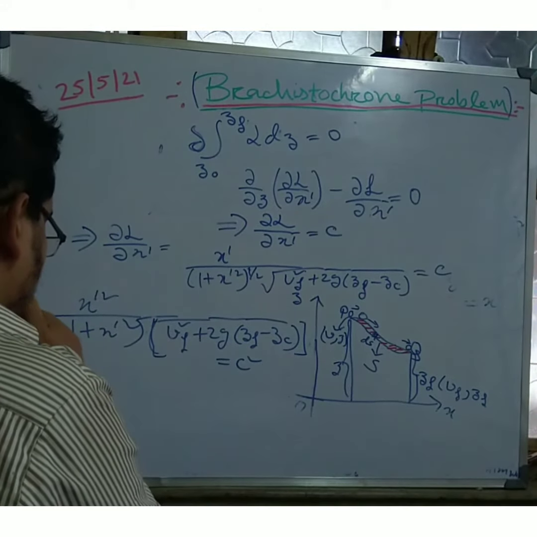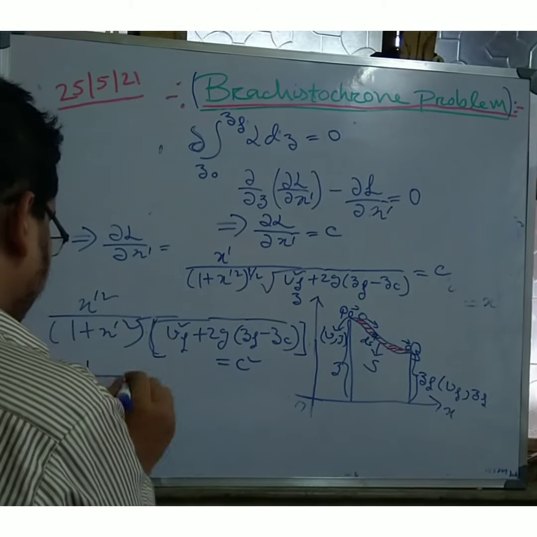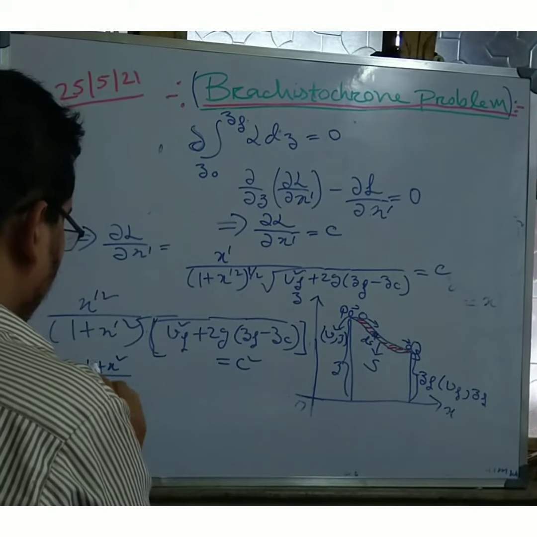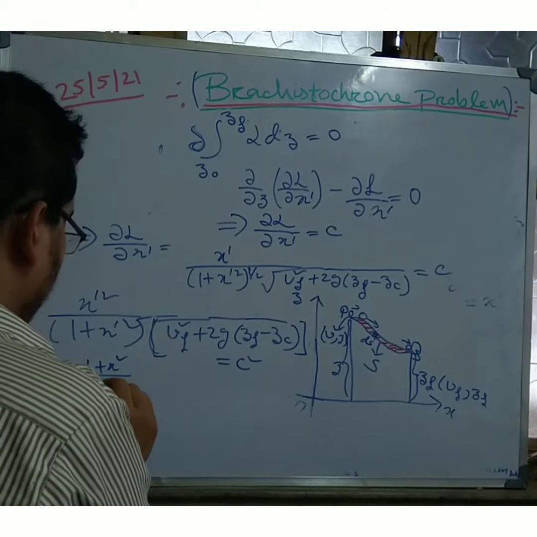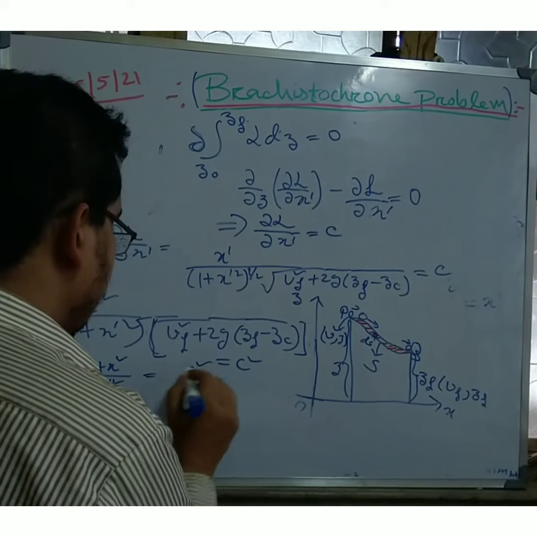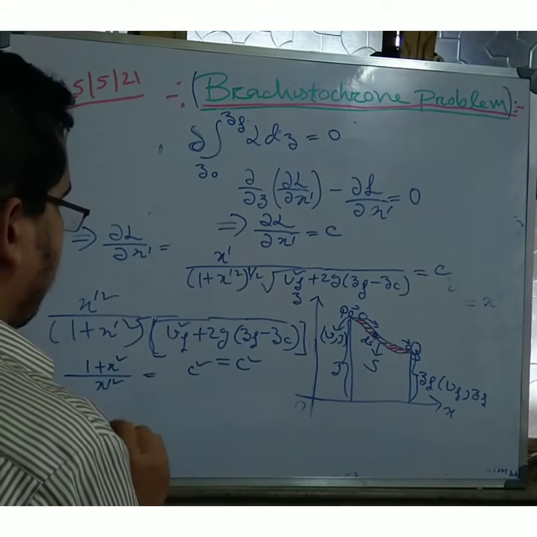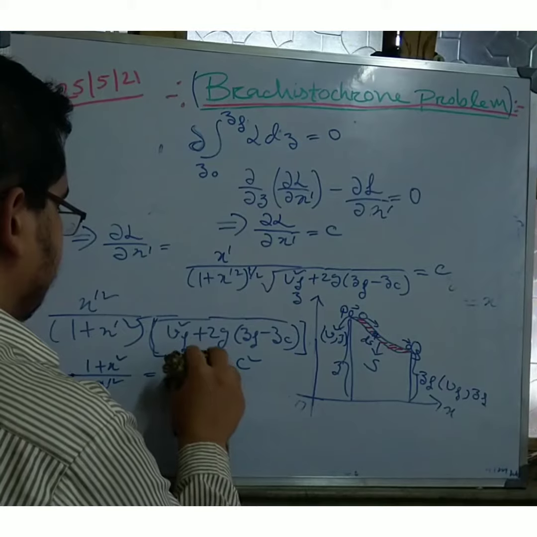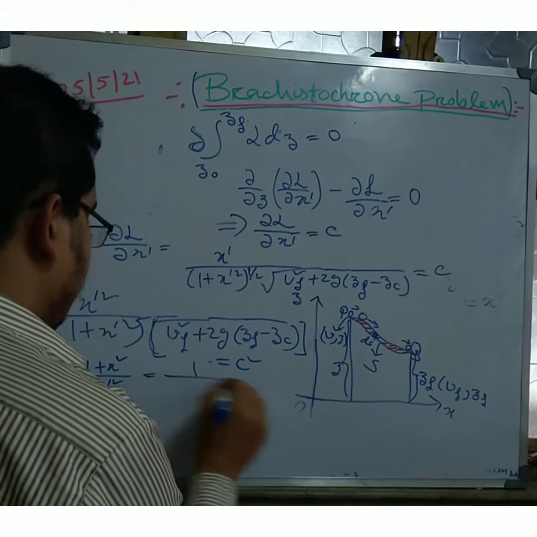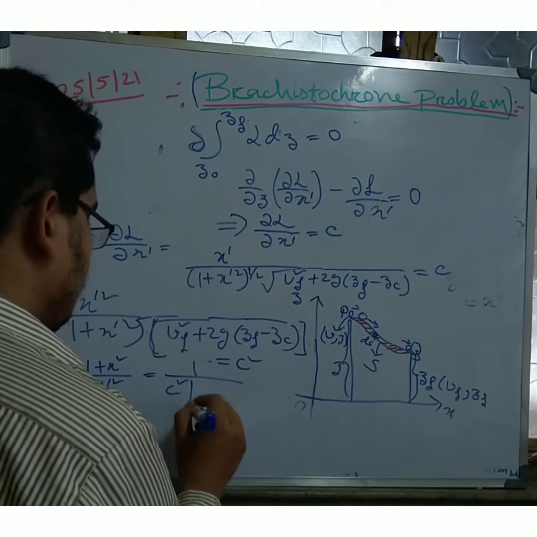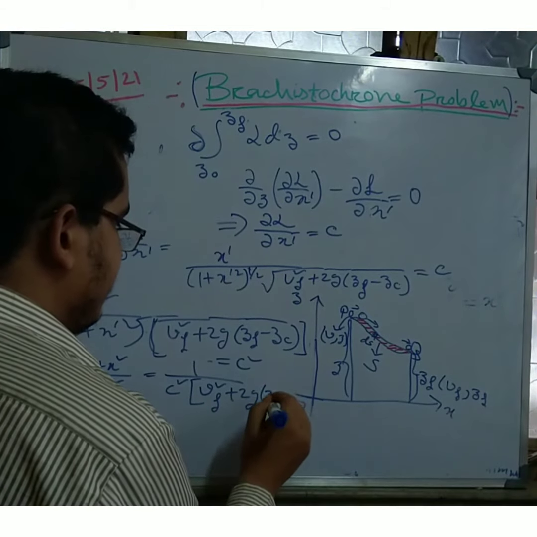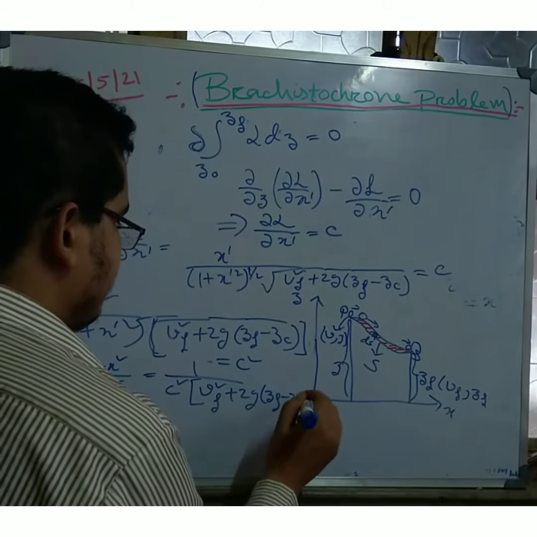So friends, whatever I get: x dash whole square divided by 1 plus x dash whole square is equal to c square, so 1 by c square into v square f plus 2g into zf minus zc.